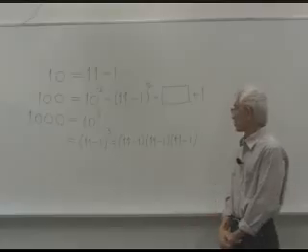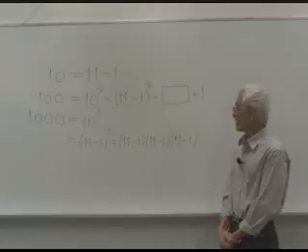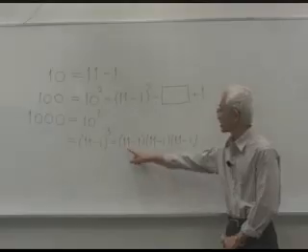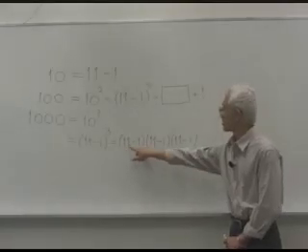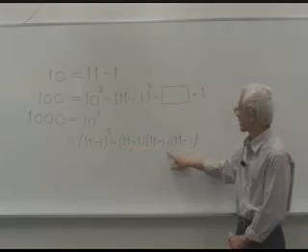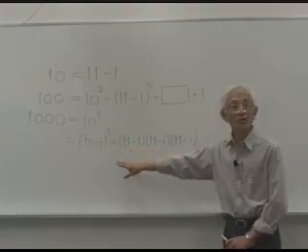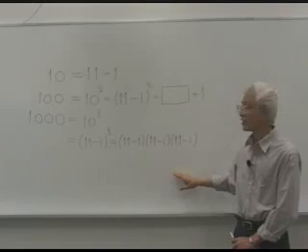So you go and check that every term will contain an 11, because if you start from here, 11 times 11 times 11. You start from here, 11 times 1 times 1. So most of the terms will contain an 11.